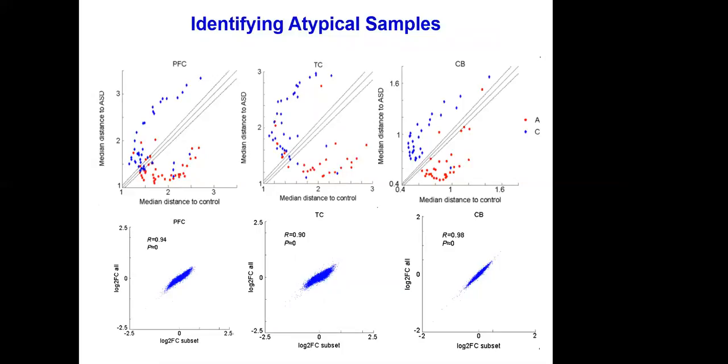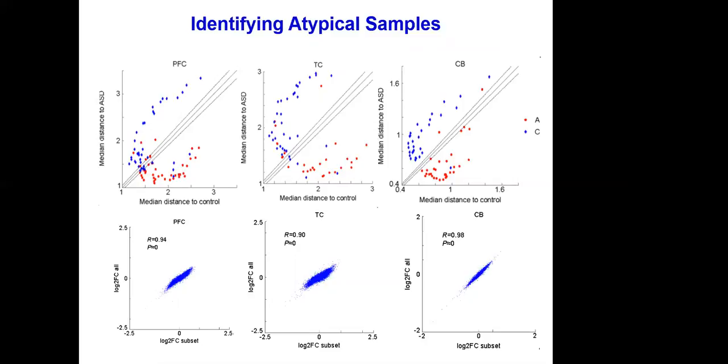We don't expect all autistic individuals to have the same epigenomic aberrations. In fact, given the experience from genetics, people told us that we're wasting our time. There's no way we're going to find a common theme in even a subset of autistic individuals in terms of their epigenomics. So we said, okay, let's meet that lower bar.